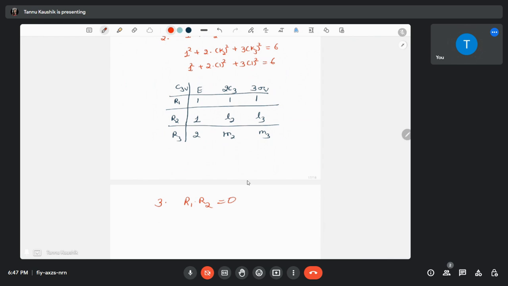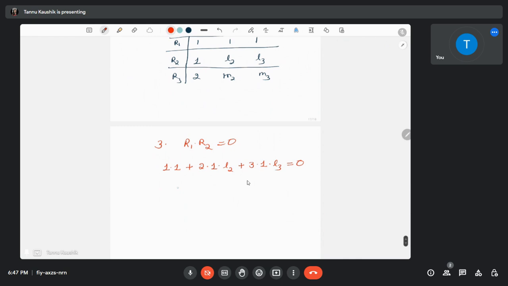So I am taking this R1 into R2. It will be 1 into 1 plus 2 into 1 into L2 plus 3 into 1 into L3. It has to be 0.